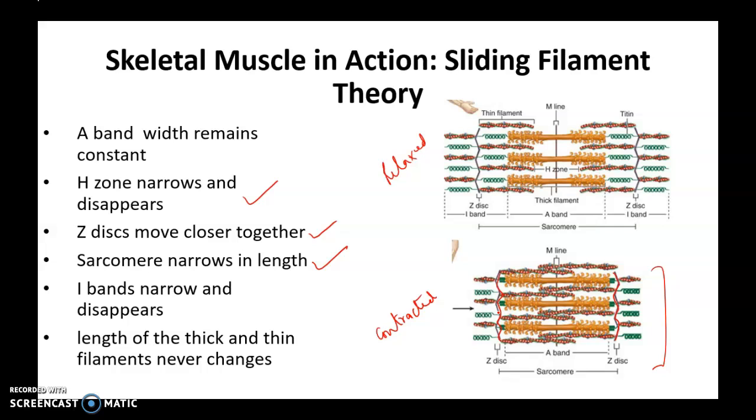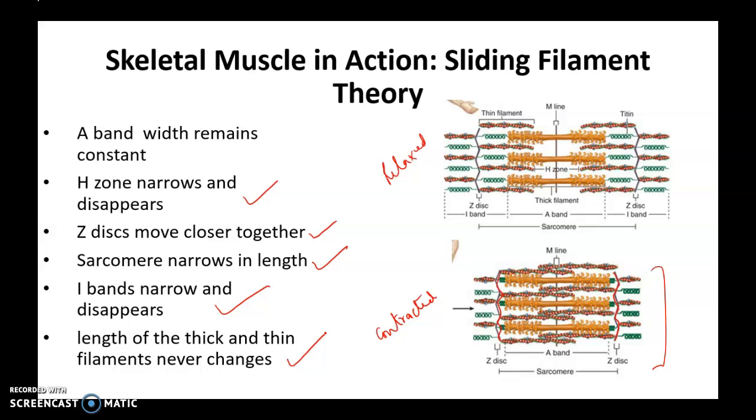No. So when you look at a contracted sarcomere, the I bands narrow and disappear. Now, in the process, do you think that the length of the thick and thin filaments have changed? The answer is no. The length of thick and thin filaments never change. They just slide past each other.